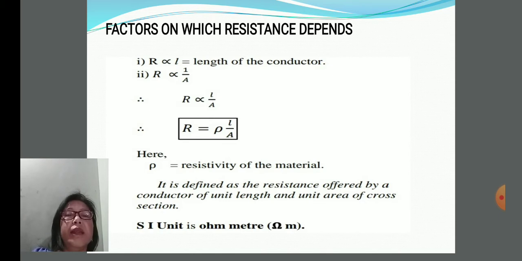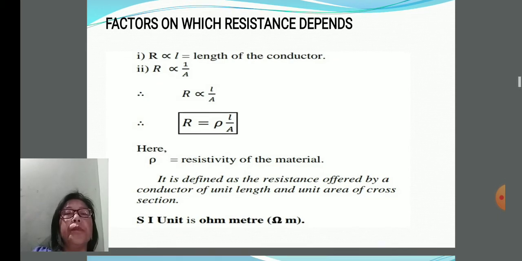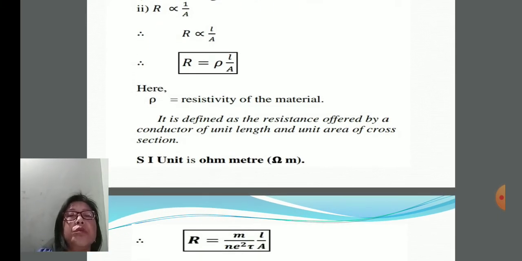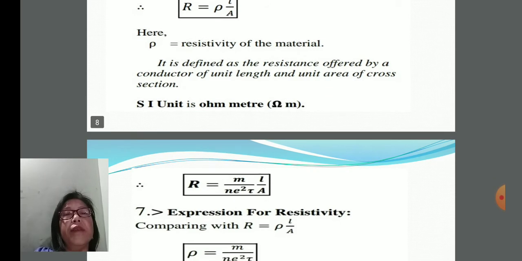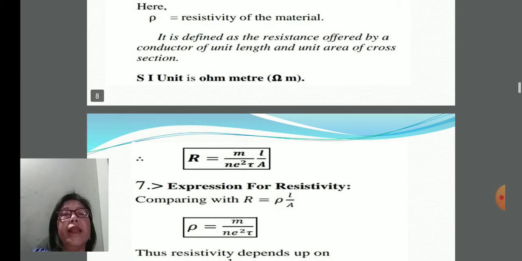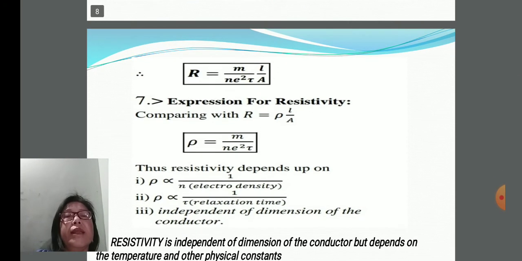It is defined as the resistance offered by a conductor of unit length and unit cross-sectional area, and its SI unit is ohm meter. When we studied the validity of Ohm's law, we also found that R is equal to mL divided by n e squared tau A.